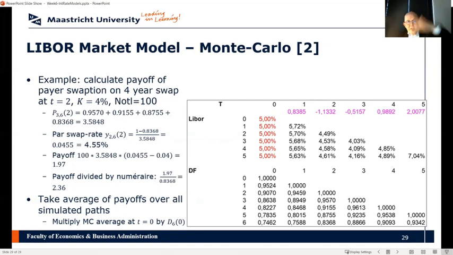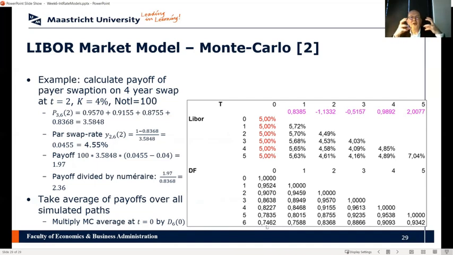So the average of all the swaption values that I compute in the Monte Carlo simulation, I have to translate back to a euro amount by multiplying the average over all the simulated paths of those payoffs with the initial value of the numeraire, which is D60, which is this 0.7462.